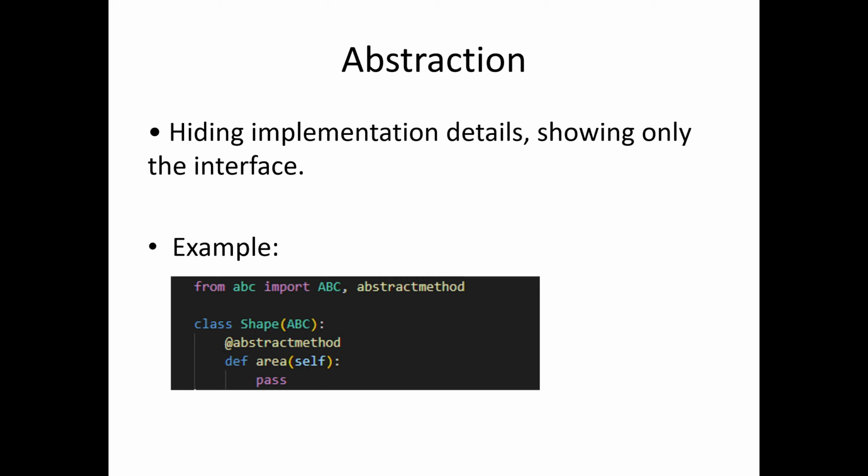For example, you might define an abstract Shape class, as you can see right there, with a method called area. You don't really care how the shape calculates its area. Each subclass, like Circle or Rectangle, implements it in its own way.